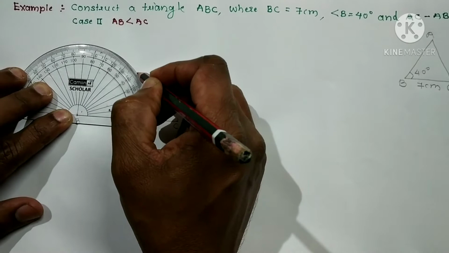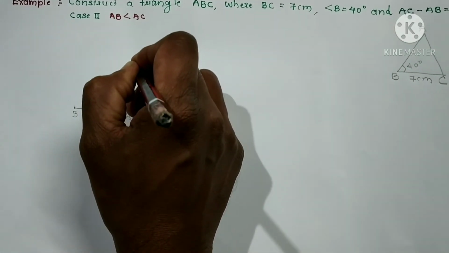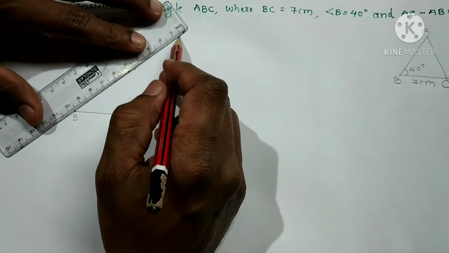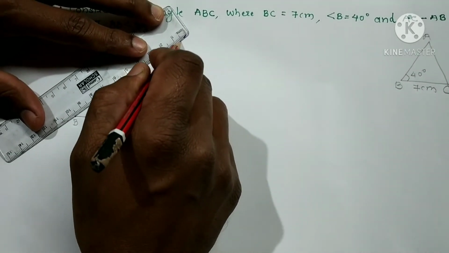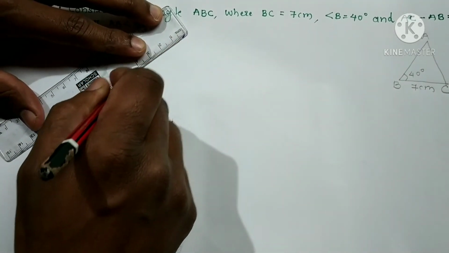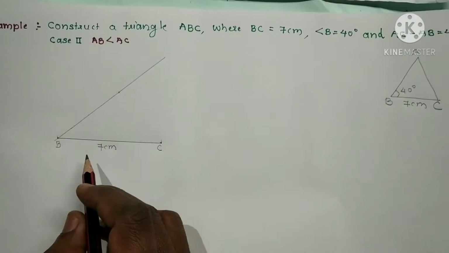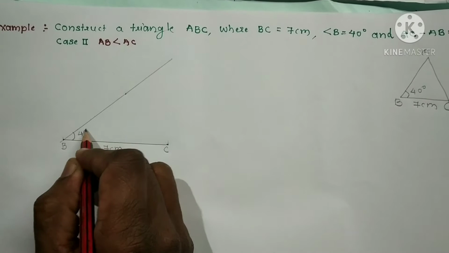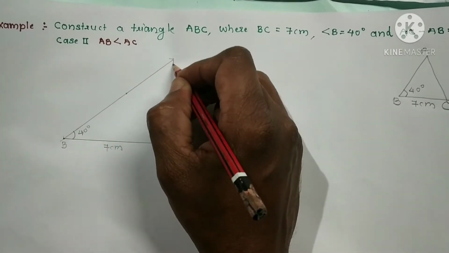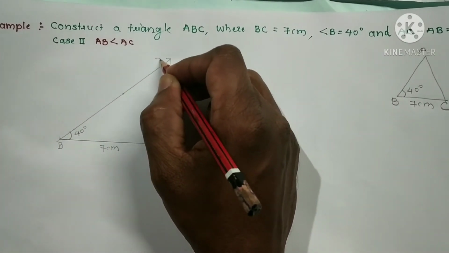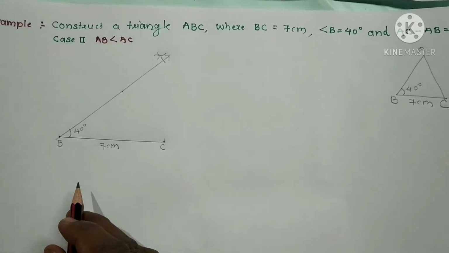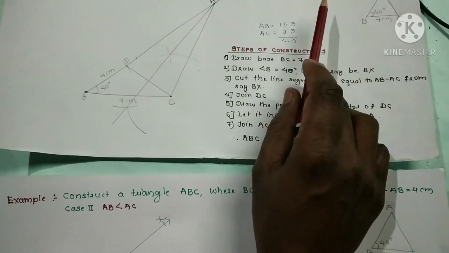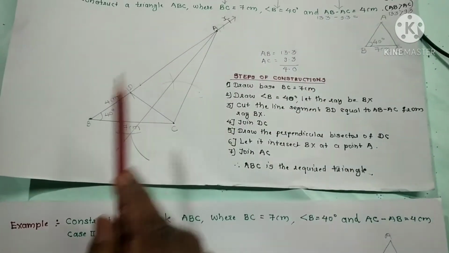This is 40. So this is angle 40 degree and this ray is BX.